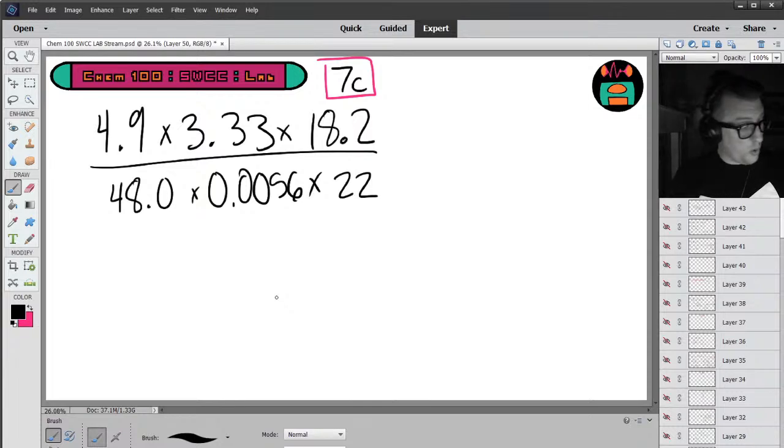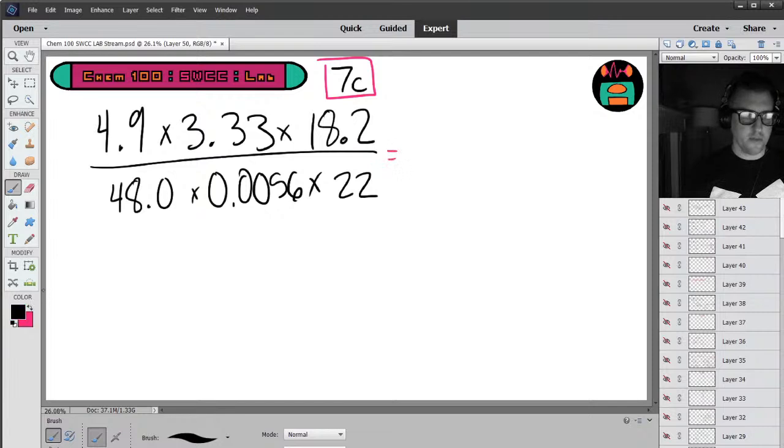Because this is all multiplication and division, you can actually punch this entire thing into your calculator. If you do, after you hit the divided sign, you have to throw this entire thing in parentheses. That's just one thing to be aware of if you're punching this into your calculator all at once. I'm going to evaluate the numerator and then the denominator.